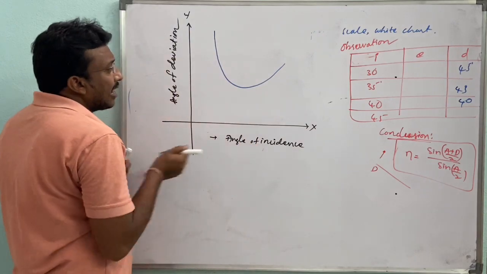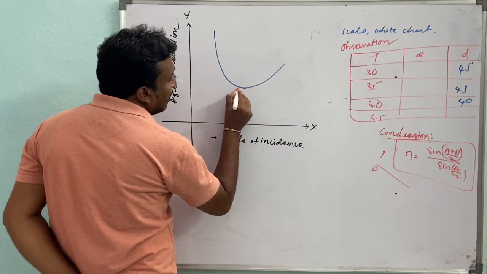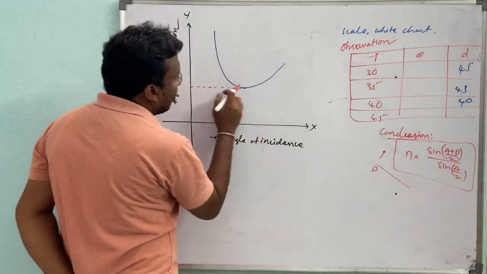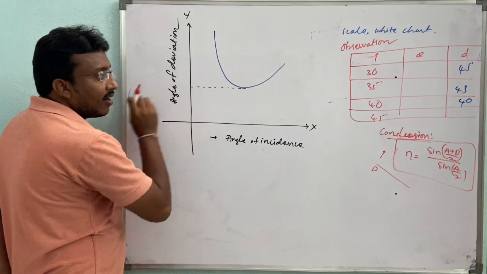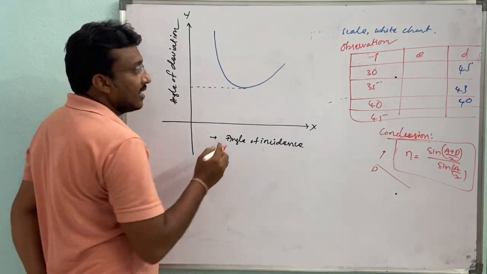Then here draw a tangent at the lowest point. From the base of the graph, draw a tangent that is horizontal to the x axis, right.